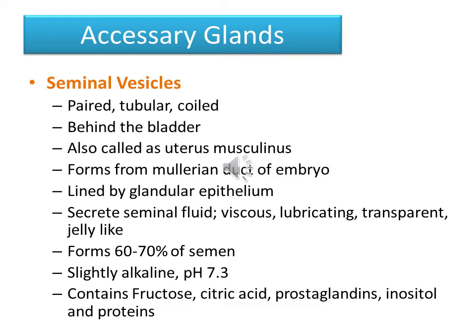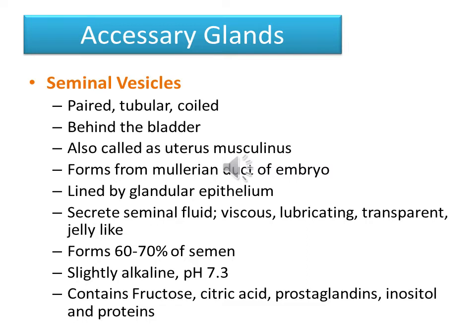Next important part that we are going to study, that is the accessory glands. If you have NCERT textbook with you, just keep that diagram in front of you so that you can understand where are they located. Now there are three types of glands: seminal vesicle, prostate gland, and bulbourethral or Cowper's gland.